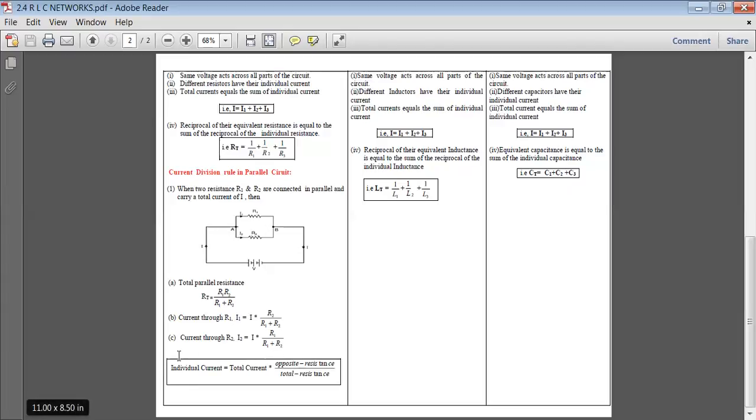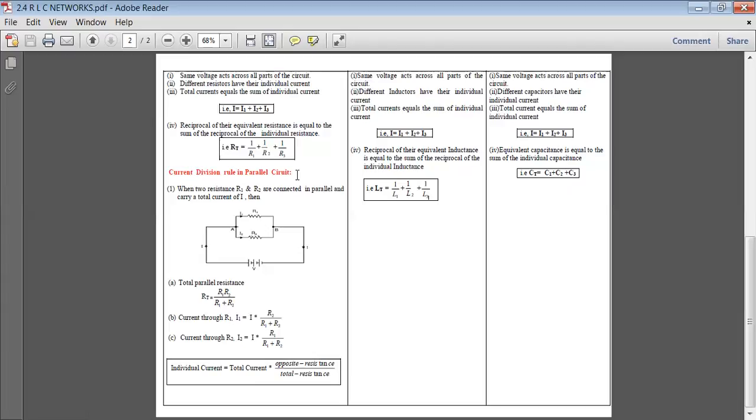Now what is the general formula? We have to make a sentence and put it in the box. Individual current is equal to total current into opposite resistance by total resistance. We call this the current division rule in parallel circuit.